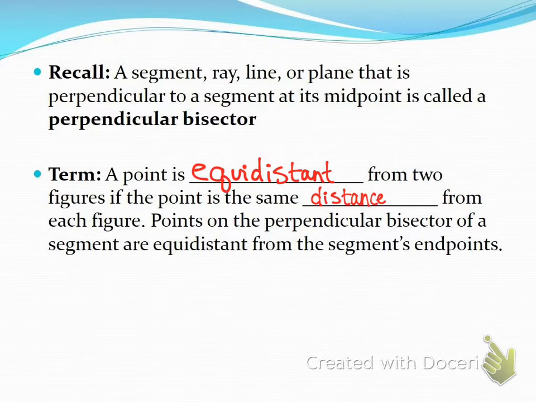Points on the perpendicular bisector of a segment are equidistant from the segment's endpoints, which we're about to talk about more.